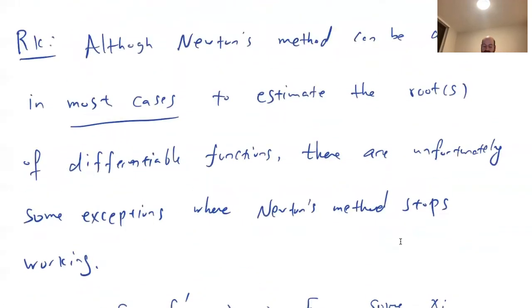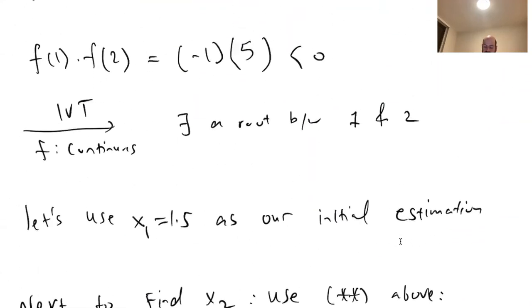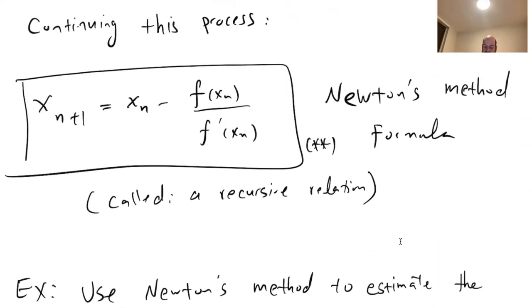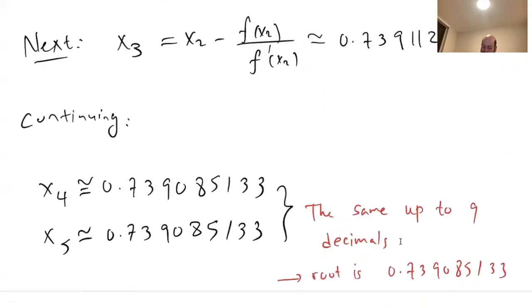We know that, remember Newton's method formula, xn plus 1 is xn minus f of xn over f prime of xn. Now, if for some i, f prime of xi is 0, of course, we cannot divide by 0. So we cannot find xi plus 1, because xi plus 1 is supposed to be xi minus f of xi over f prime of xi. If f prime of xi is 0, then we cannot find xi plus 1. So that's one case where Newton's method stops working.